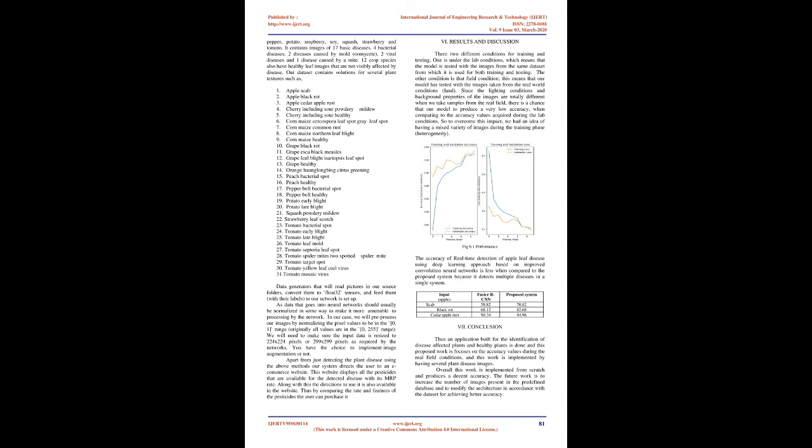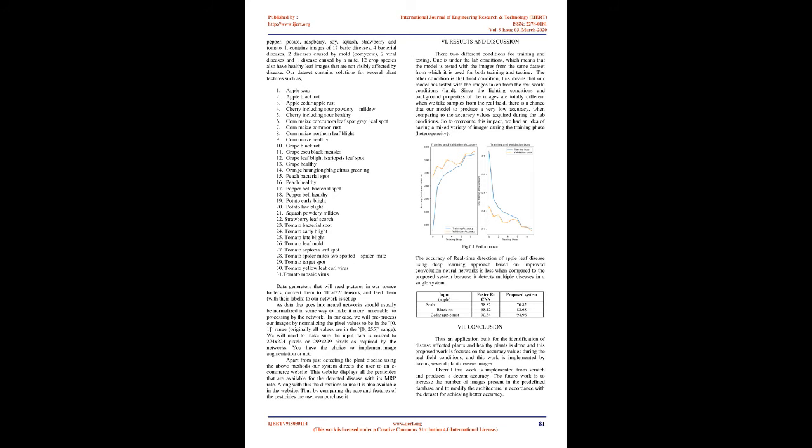Corn maize northern leaf blight, 9. Corn maize healthy, 10. Grape black rot, 11. Grape esca black measles, 12. Grape leaf blight Isariopsis leaf spot, 13. Grape healthy, 14. Orange Huanglongbing citrus greening, 15.